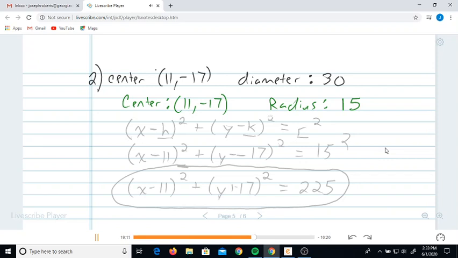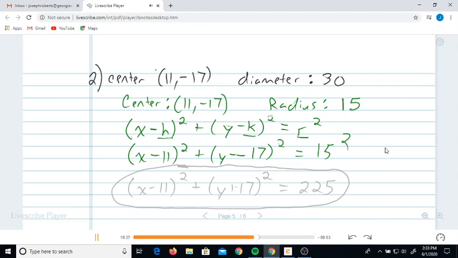Once you know the center and once you know the radius, all the hard work's done. You just got to use your circle formula, which is x minus h quantity squared plus y minus k quantity squared equals radius squared, where h and k are the center, r is the radius. So we know that the center is at 11, negative 17, and then the radius is 15.